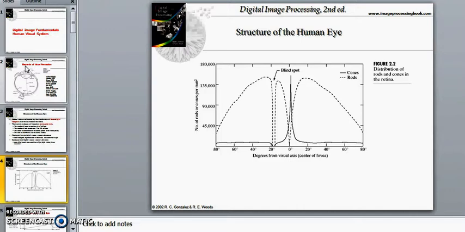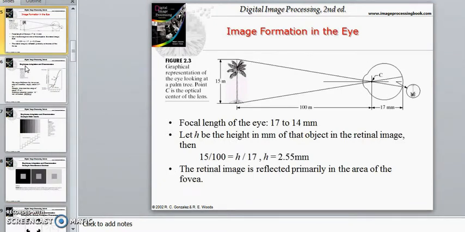For example, if you look up close at a TV screen, you will notice the screen is built of tiny dots or stripes of either red, blue or green. This is all about the structure and how our eye is working.